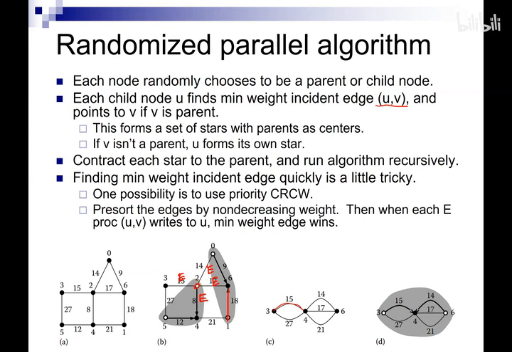We're going to assume that we have this minimum priority CRCW model, where if multiple processes write to the same location, then the minimum value wins. So in this case, the one writing 8 is going to win, so he's going to make 2 point in this direction.